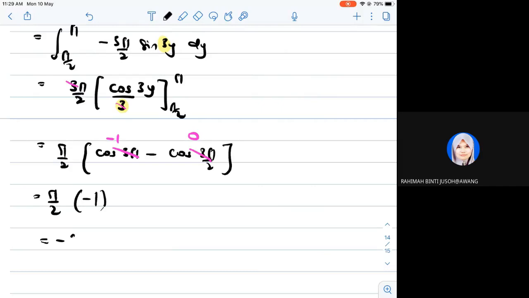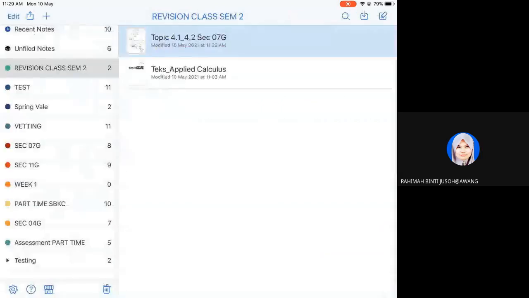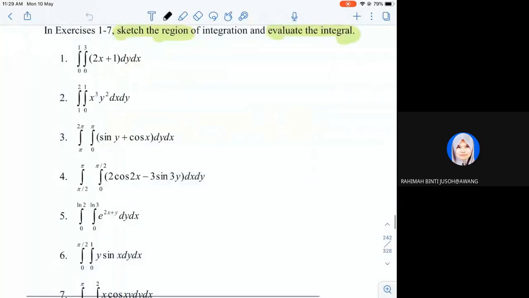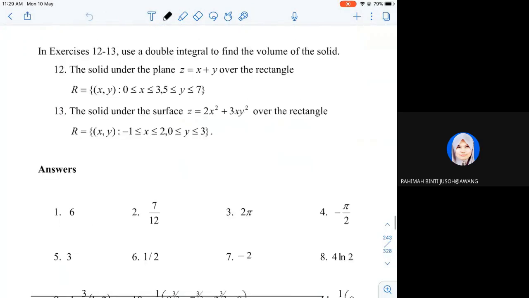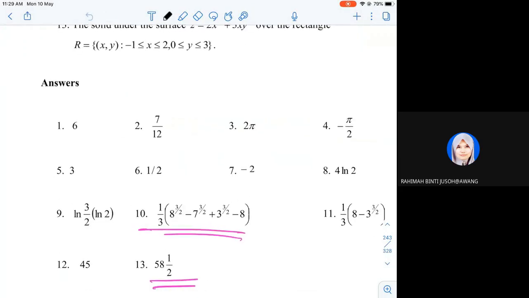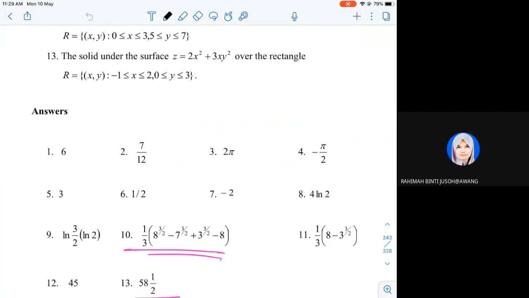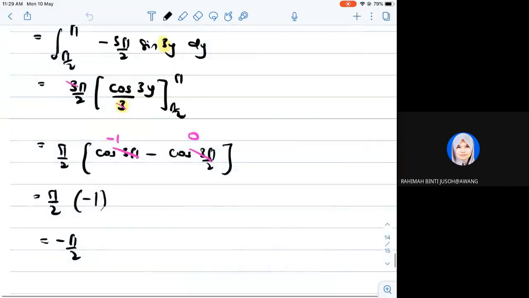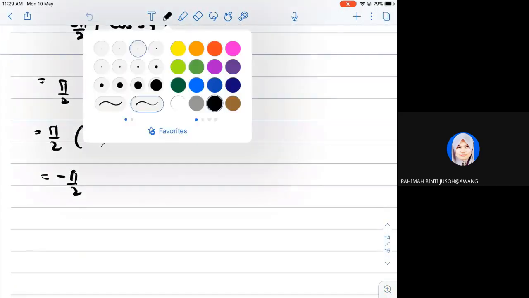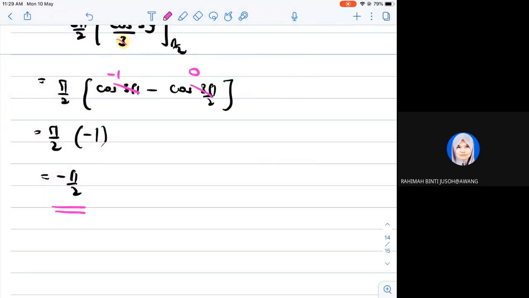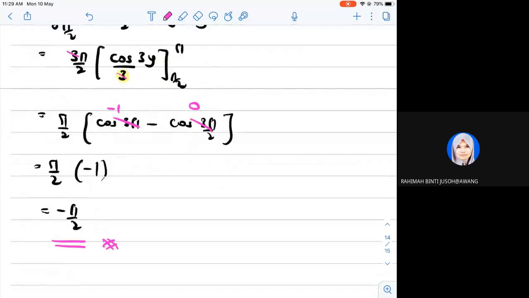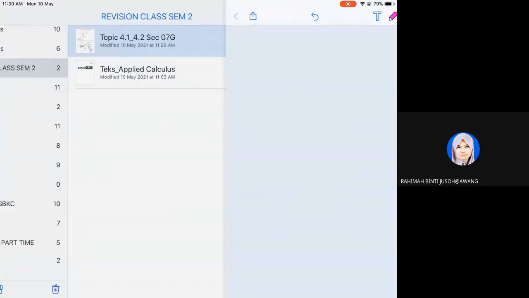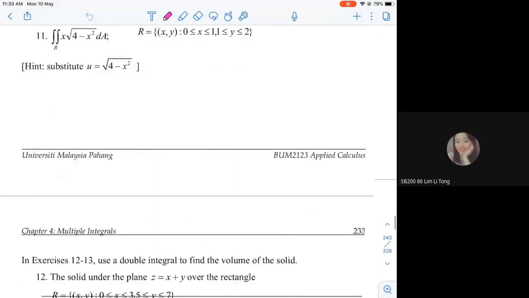Jawapan negatif ke? Negatif pi over 2. Soalan nombor apa ni? Nombor 4. Negatif pi over 2. Betul ke? Negatif pi over 2. Oh yes. Negatif pi over 2 lah. Okay. Understand? Yes, Doctor. Okay, good.